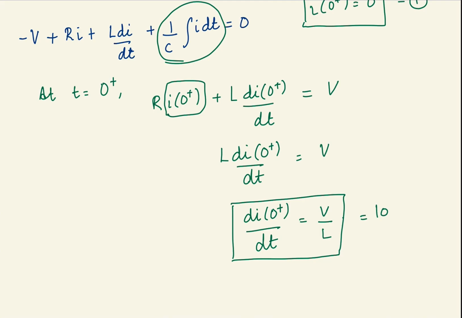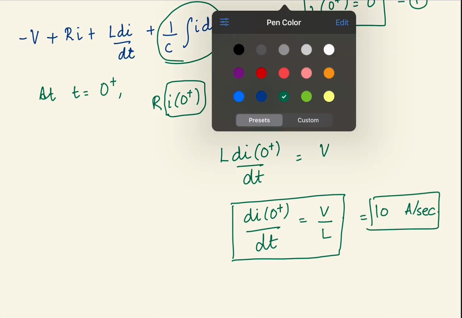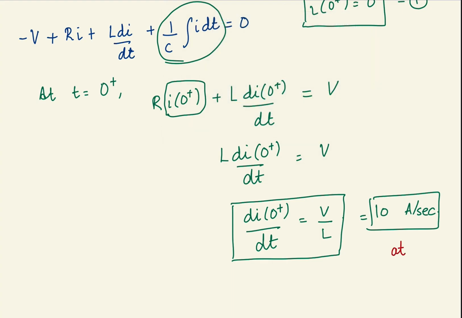Since the term on the left hand side is current, this is going to be current per second, 10 ampere per second, and you have to also write with this that this is at t equal to 0 plus. This is very important.